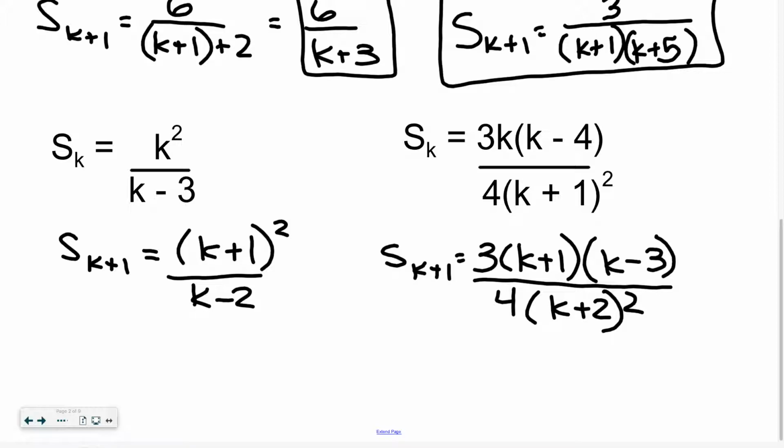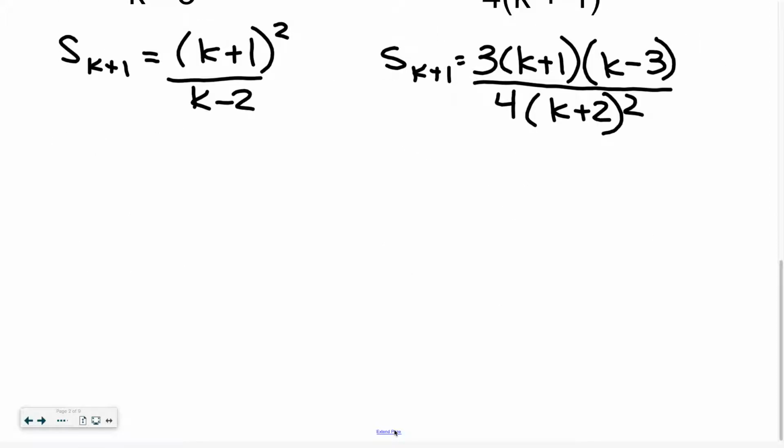Now, we're going to see s sub k plus 1s in our proofs, and those are going to represent sums of series. I will also say that there are some a sub k plus 1s that we'll also do. So let's say a sub k was 5k plus 3. Could you imagine what you would do for a sub k plus 1? Plug in k plus 1.